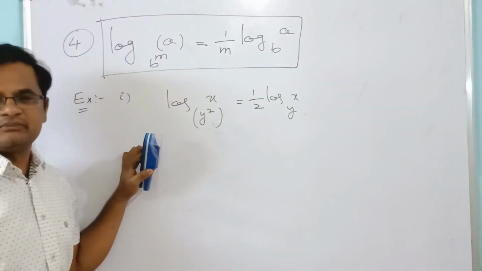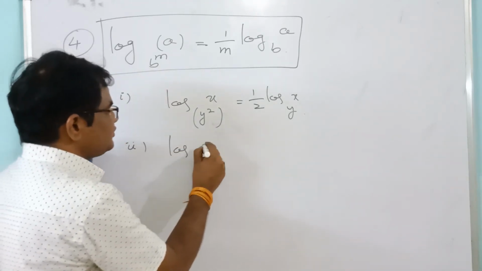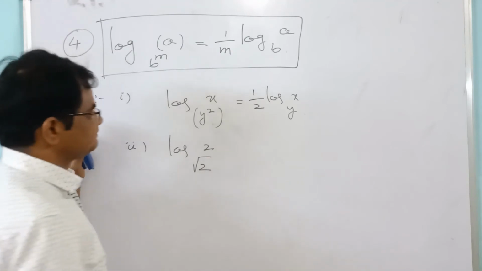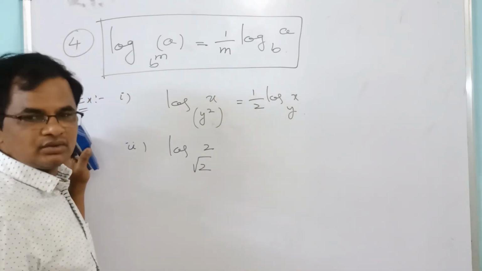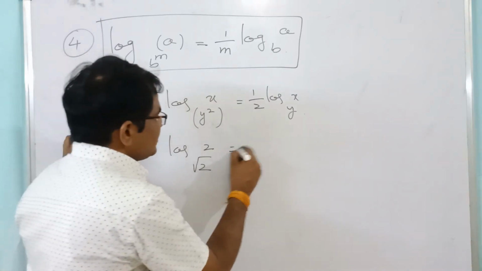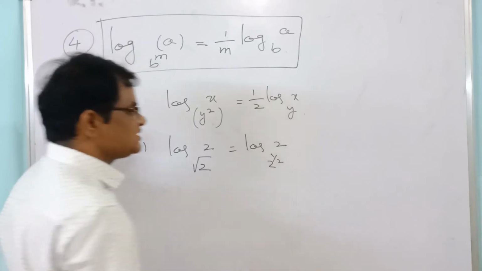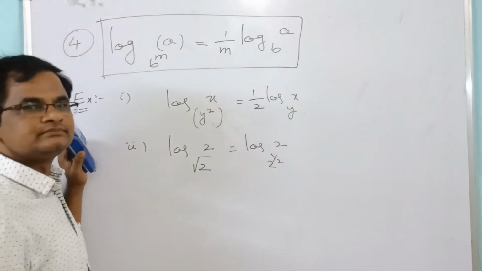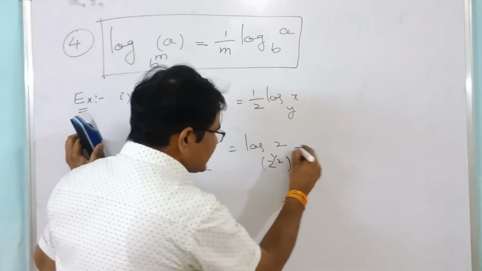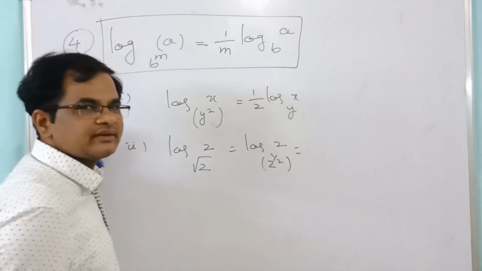Because power is for base. Next, second one, log of 2 to the base root 2. What is the answer? Log 2 to the base root 2 means 1 by 2. That can be written as this m, in place of m what is there? 1 by 2 is there.